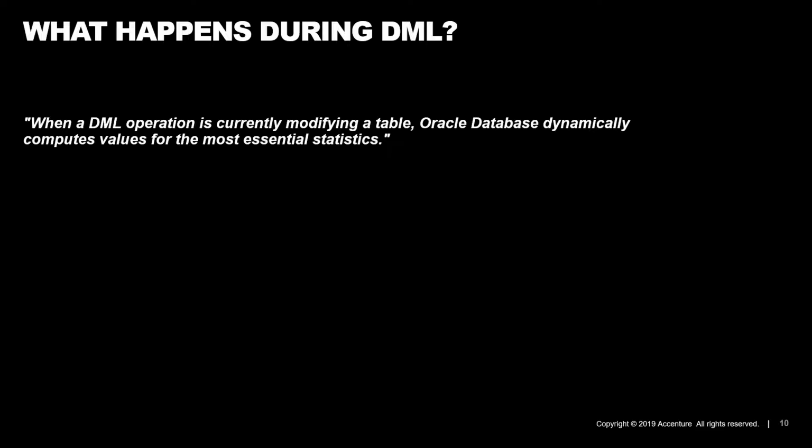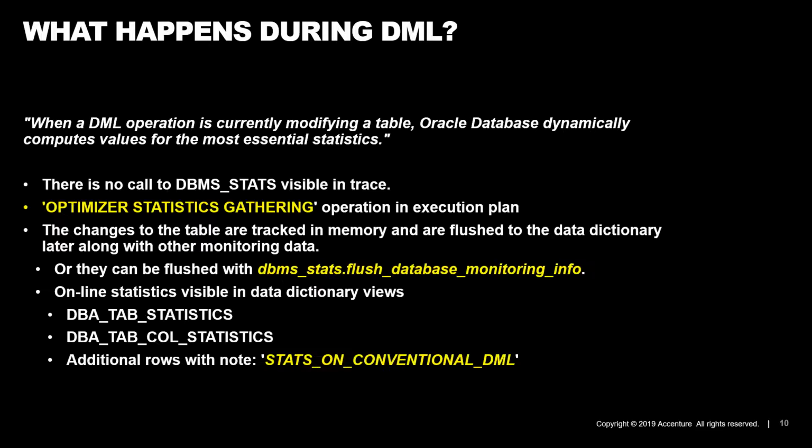So what happens during DML? How are these real-time statistics created? Well, if you trace it, you will not find a call to DBMS_STATS. In the execution plan, you will find an operation called optimizer statistics gathering, and this is the act of collecting the data.